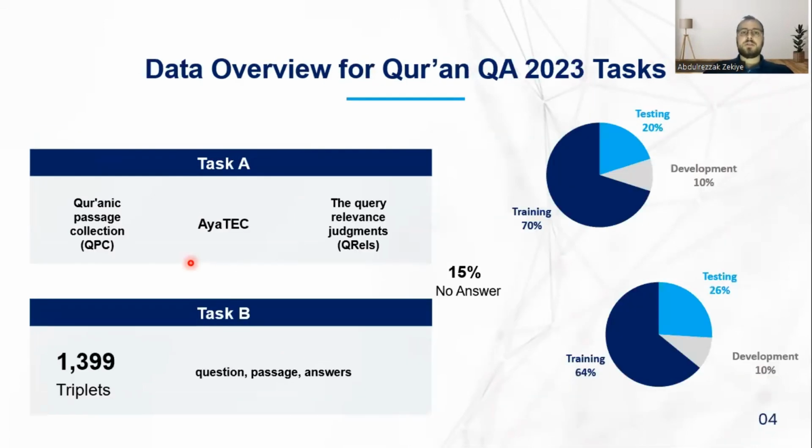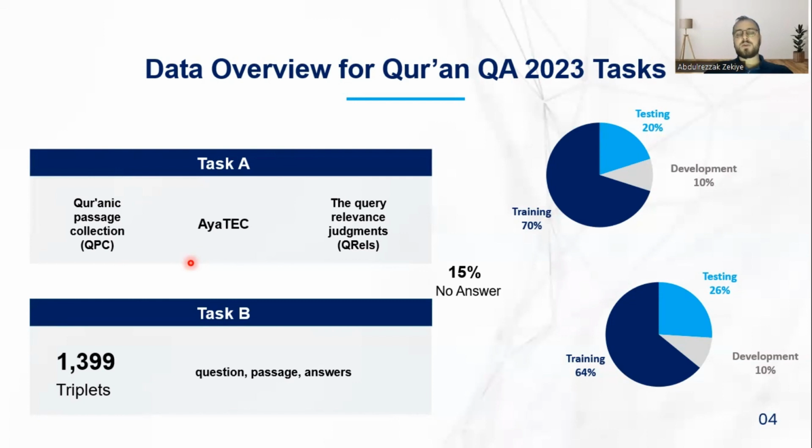For task A, the data is composed from different sources: the Quranic Passage Collection, QPC, the AyaTEC questions dataset, and the query relevance judgments, QRels. Task B is composed of about 1,400 triplets: the question, the passage, and the corresponding answers.